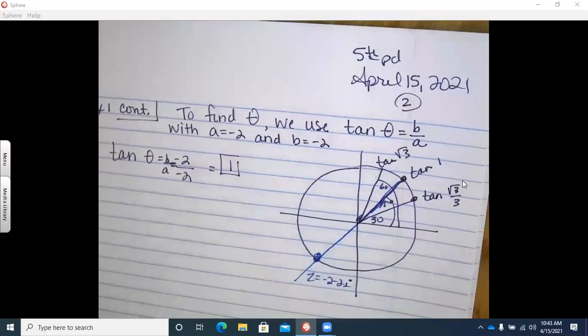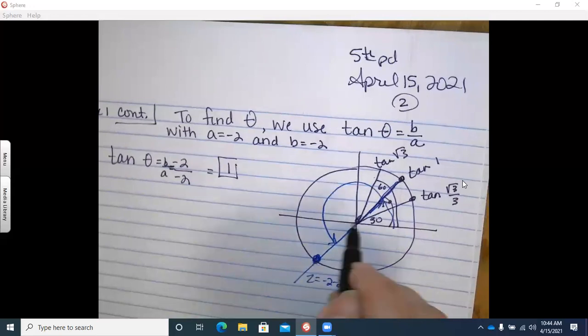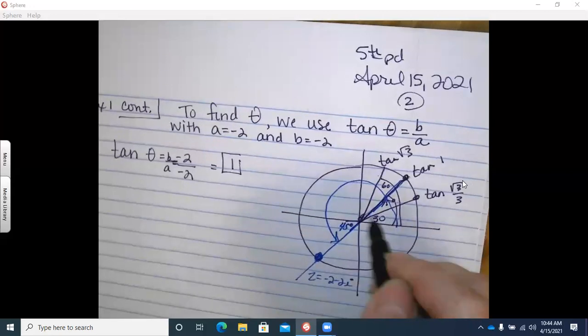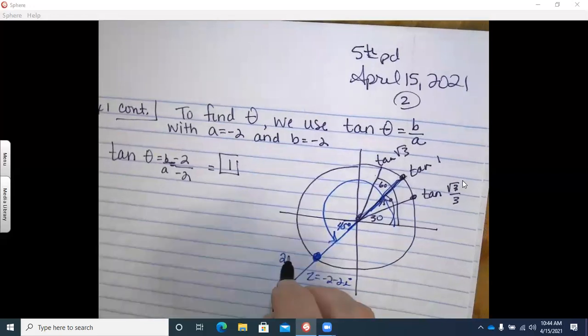So this angle here would have a reference angle of what? What's this angle? 45. Is this a 45-degree angle? Okay. So what would be the measure of this angle? 180 plus 45 is 225, right?